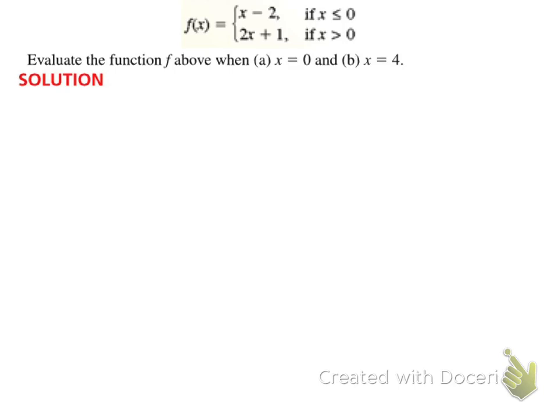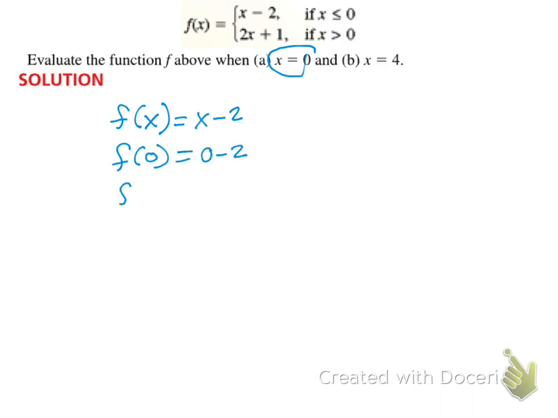So the first part was evaluating. When x equals 0, which one would I use? x is less than or equal to 0, so I would use f of x equals x minus 2. So f of 0 equals 0 minus 2. So f of 0 is equal to what? Negative 2.